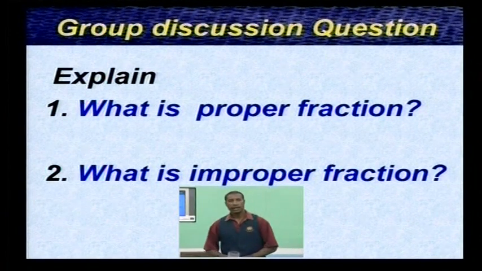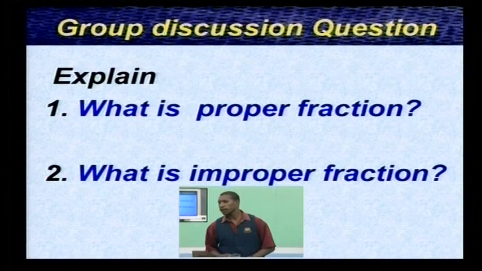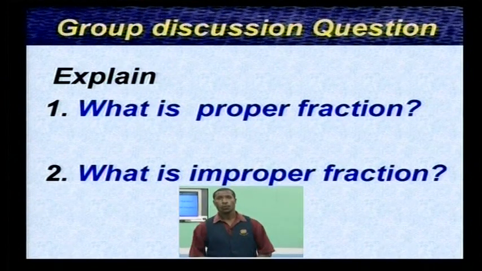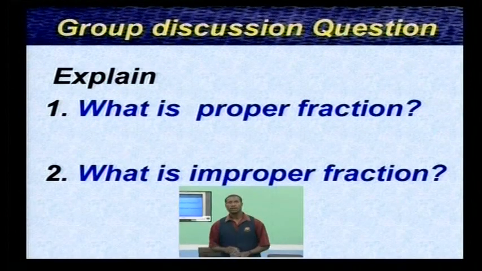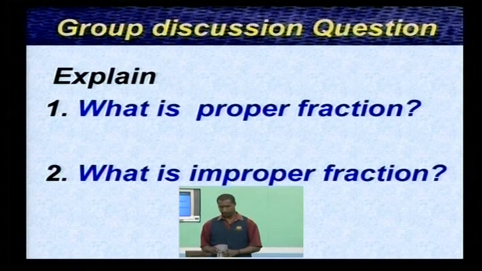For the model class, I will give you A4 paper. Each group will have A4 paper and a marker to write down or explain what you think proper fraction and improper fraction is.